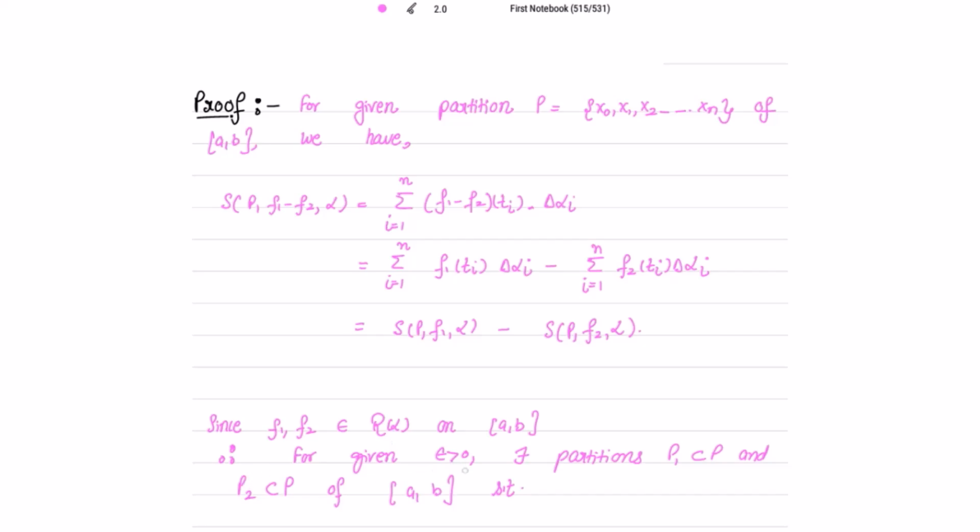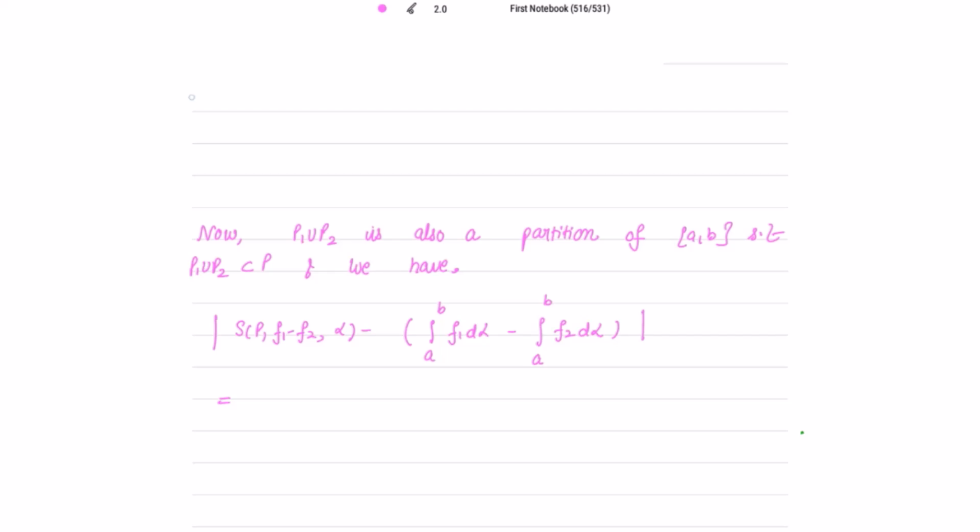Therefore, for a given positive epsilon, there exist partitions P1 and P2, both subsets of P. I'm going to use the partition P1 for f1 and P2 for f2 of the closed interval [a, b], such that, again using the second result, the modulus of S(P, f1, α) minus the integral from a to b of f1 dα is less than epsilon by 2, and the modulus of S(P, f2, α) minus the integral from a to b of f2 dα is less than epsilon by 2.